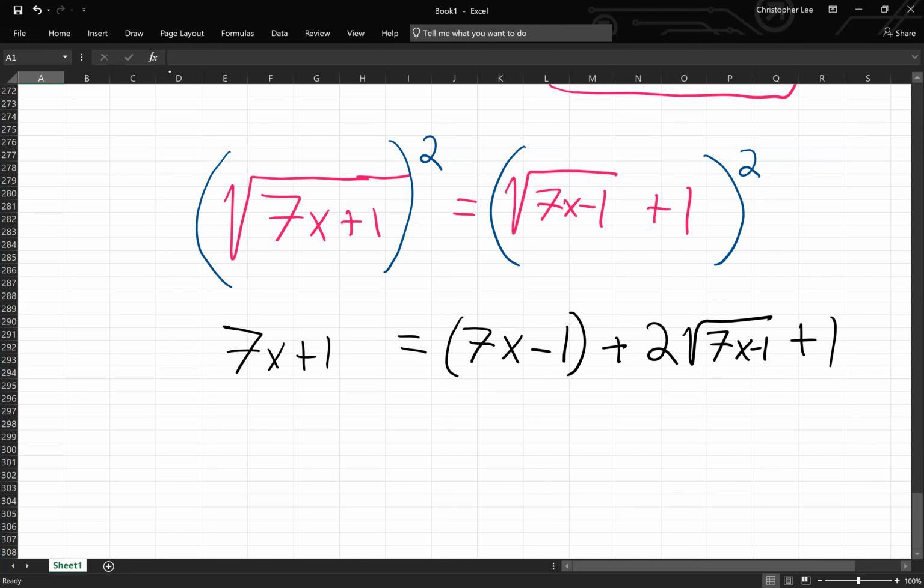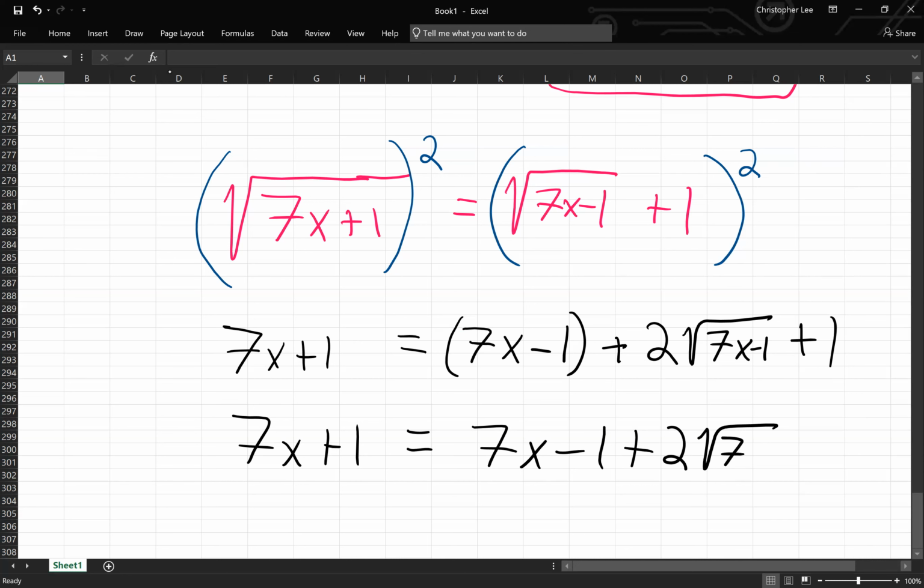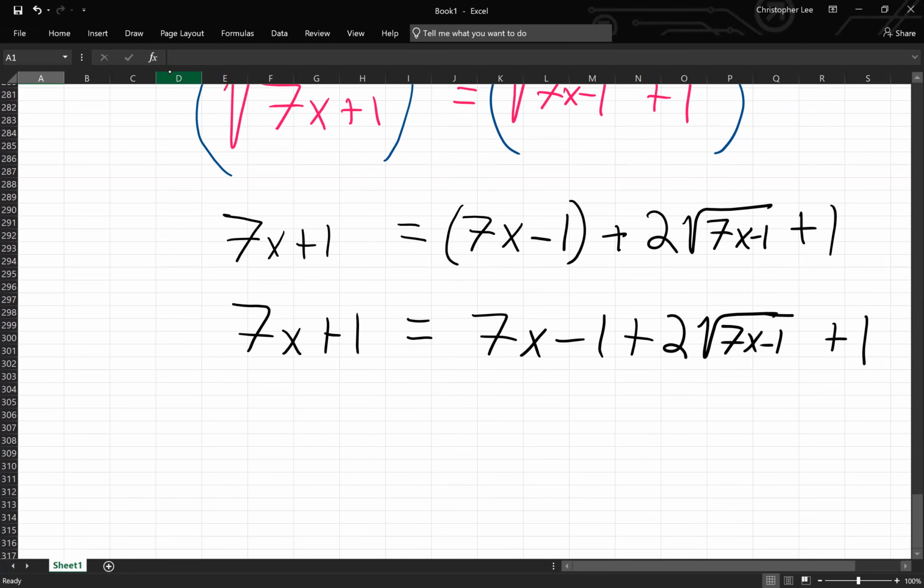And then after that, my goal here is I want to solve for x. So let's try and solve for this. So look, I have 7x plus 1 is equal to 7x minus 1 plus 2 times square root 7x minus 1 plus 1. Combine like terms, what do I have?